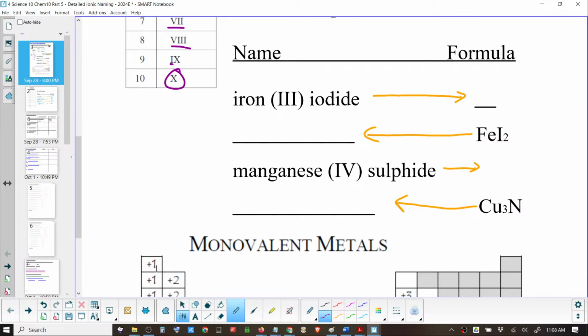Okay. Matthew, first one. FeI3. Next one, Graham. Iron 2 iodide. Iron, not 2. II, regular Roman numeral. Iodide. Next one, manganese.